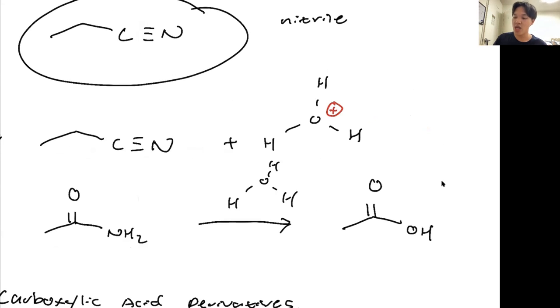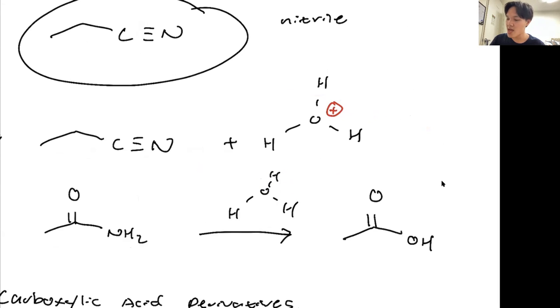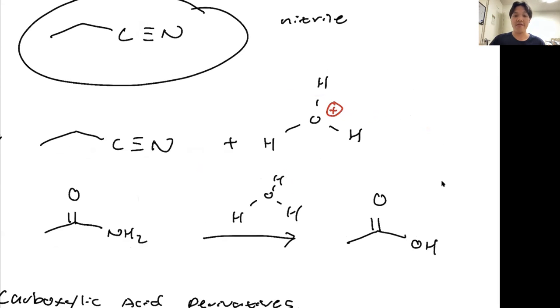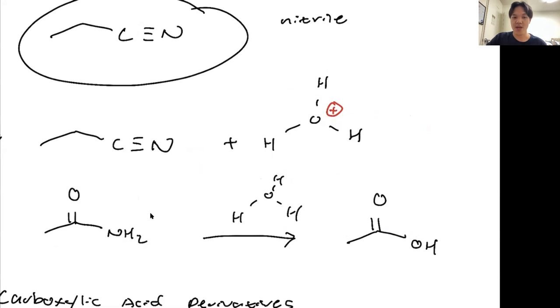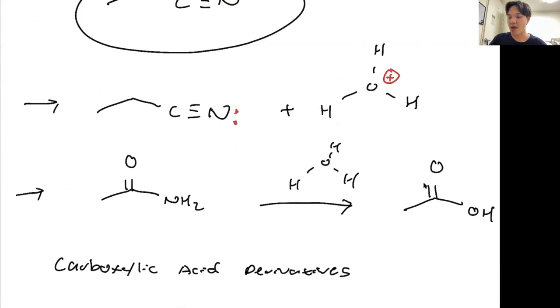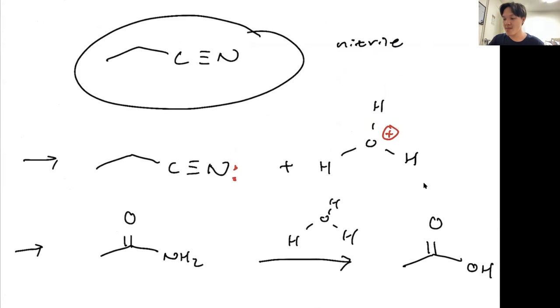Okay, so I suggest you do this reaction at home too, because I think this is a good way to, one, not only review 40B material, but it also allows you to understand where you are in terms of understanding these concepts, right? So I do have a tip. You see that in this molecule, this nitrogen has lone pairs, right? And we have lone pairs with an acid, right?